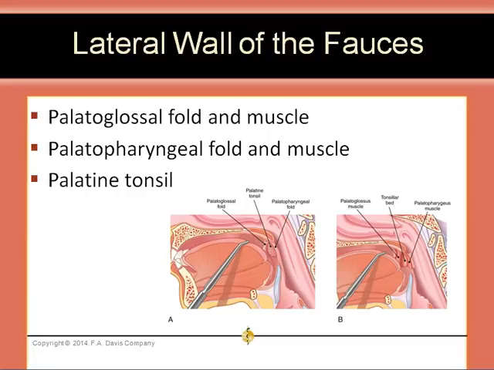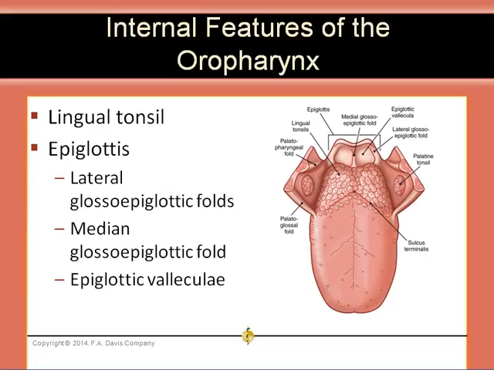The lateral wall of the fauces consists of the palatoglossal fold and muscle, the palatopharyngeal fold and muscle, and the palatine tonsil. The lingual tonsils are located on the posterior third of the tongue.